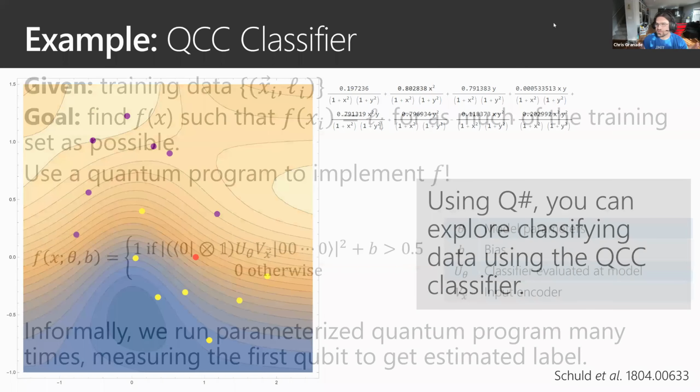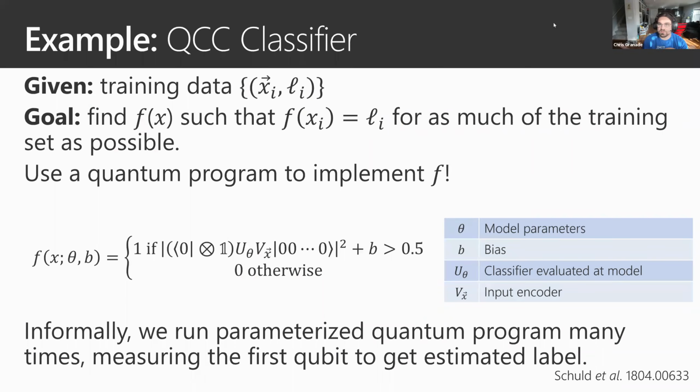So with that in mind, the goal in this example is that we're given some training data: a set of vectors of real numbers, each of which has a label, either 0 or 1. Our goal is to find a function f such that when we evaluate that function on the training data, we get the right label for as much of our training set as possible.